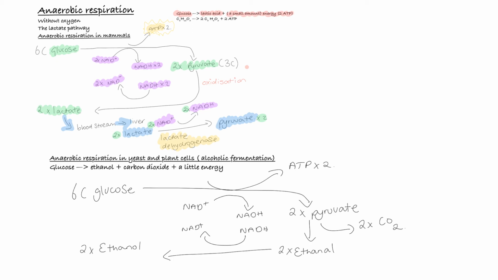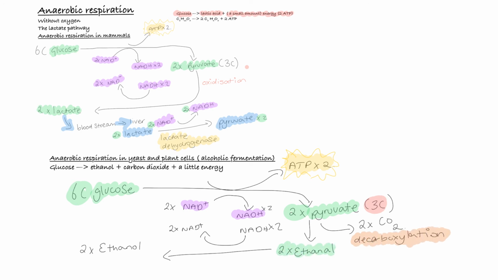So we can see that our 6-carbon glucose molecule is broken down into two 3-carbon pyruvate molecules, and along the way we make 2 molecules of NADH and 2 molecules of ATP. This pyruvate is then first converted into ethanal, which involves a decarboxylation reaction and the release of 2 carbon dioxide molecules, and then the ethanal is converted into ethanol.